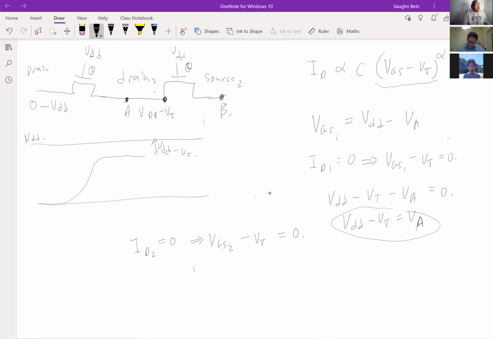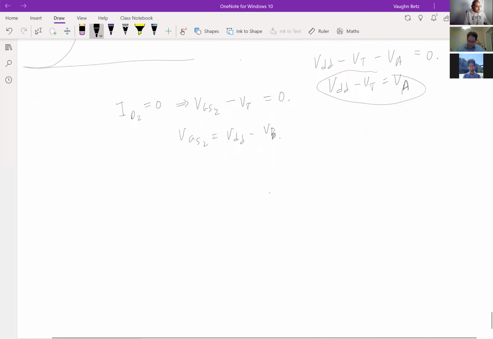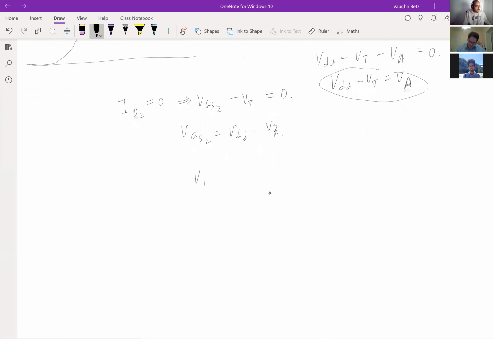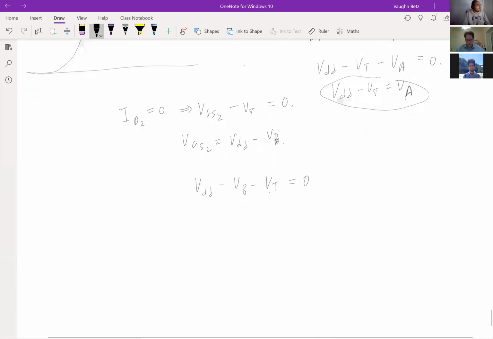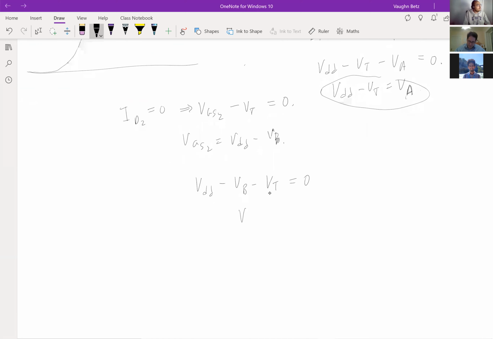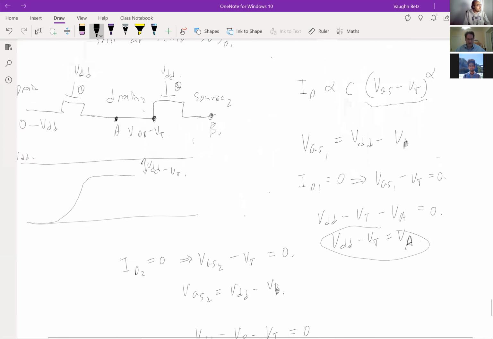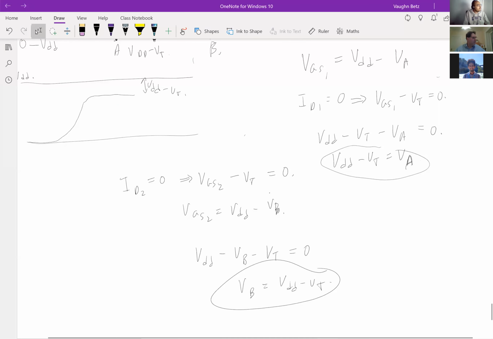VGS2 is equal to VDD minus VB. If I plug that in, VDD minus VB minus VT equals 0 when the transistor shuts off. Solving for VB, I get, again, VDD minus VT. So you don't drop a second threshold voltage. Does that make sense?